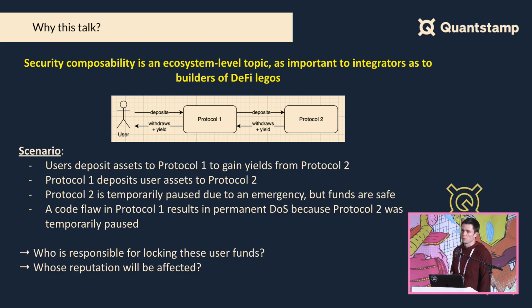From a user's perspective, they deposited into protocol 1, which interacts with protocol 2, but either way, they can't access their funds out of protocol 1 because of its integration with protocol 2, and it didn't handle it correctly. So now not only is protocol 1 at fault for having a bug in their code, but protocol 2 is also going to get some of the blame and have a reputation hit because people didn't correctly integrate with them. That's mostly what we're going to be looking at today: how to make sure that your DeFi money Lego has the proper considerations for how others should integrate with you.